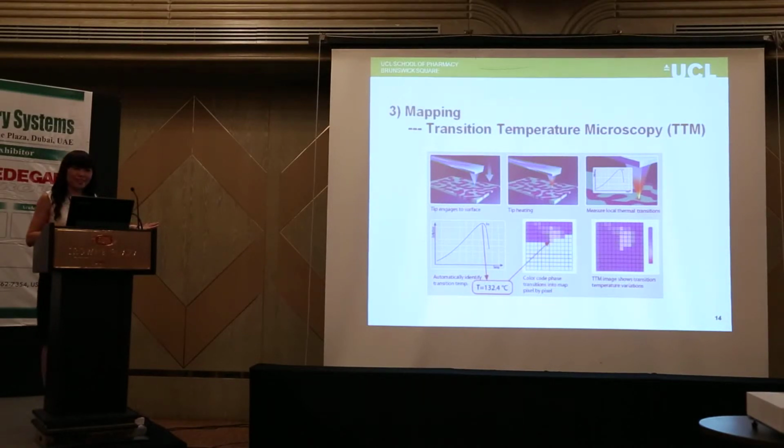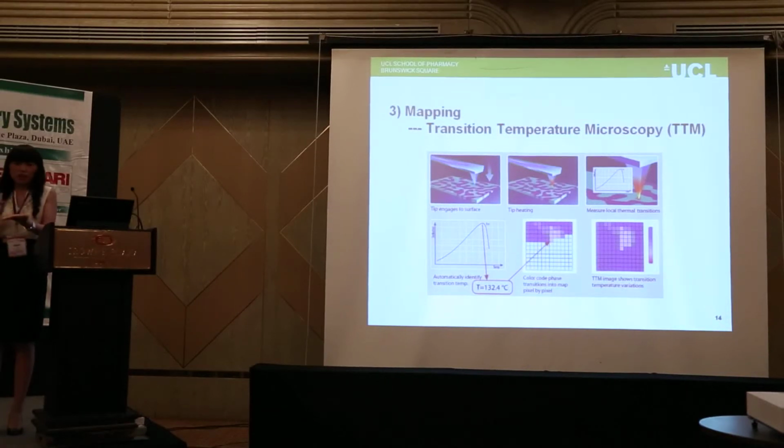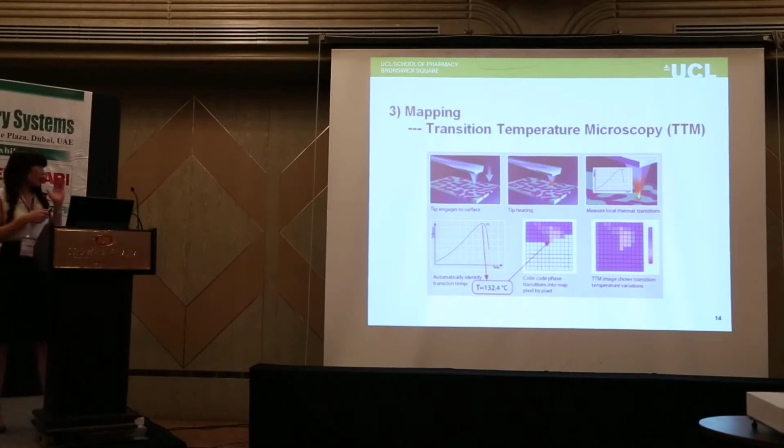What you do with this, basically, you still have LTA. With LTA data, you're only penetrating at one point. So you collect the data by scanning a certain area, and you correlate the temperature to a certain color.